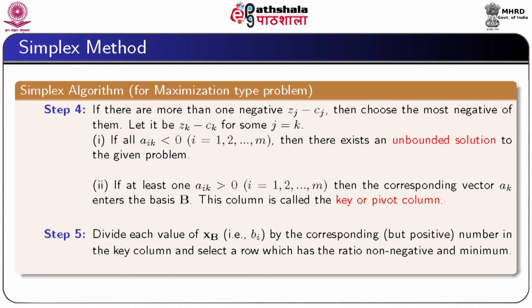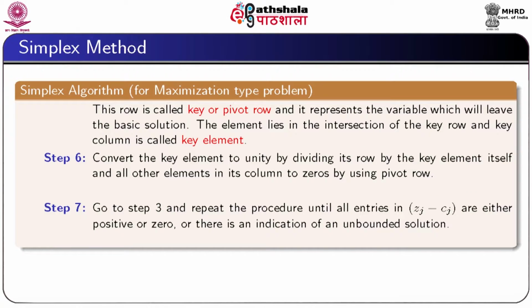In the next step, we divide each value of xb by the corresponding positive value of the key column and select the row which has the non-negative and minimum ratio. This row is called the key or pivotal row, and it represents the variable which will leave the basic solution.